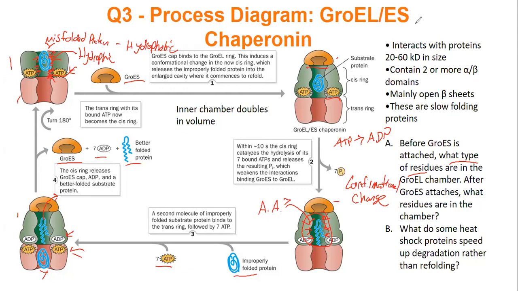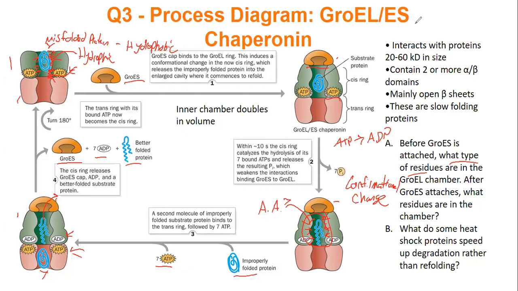And I'm going to put on my GroES cap so they can't escape. I want to help them fold. I want to help them be inside the cell and be fully functional. So to mimic the contents of the cell, which is full of water, I'm going to hide my hydrophobic amino acids from them.